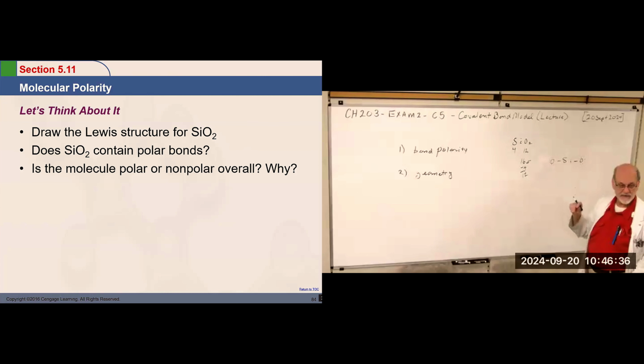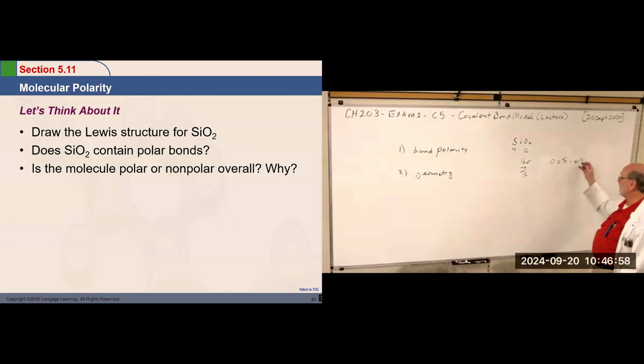Okay. So we want silicon to have an octet. We move these two and these two for balance. There's another reason for that, but we're not going to get into it because it requires too much time to learn how to calculate the formal charge. But that's a valid Lewis dot structure.